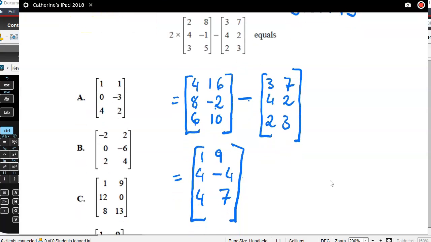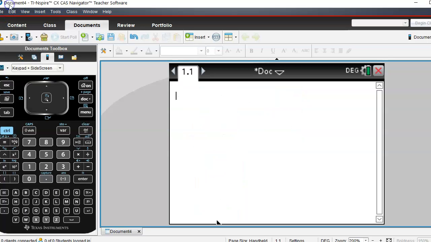Now that's relatively quick to do by hand, but if you are unsure, you can put it into your CAS calculator.